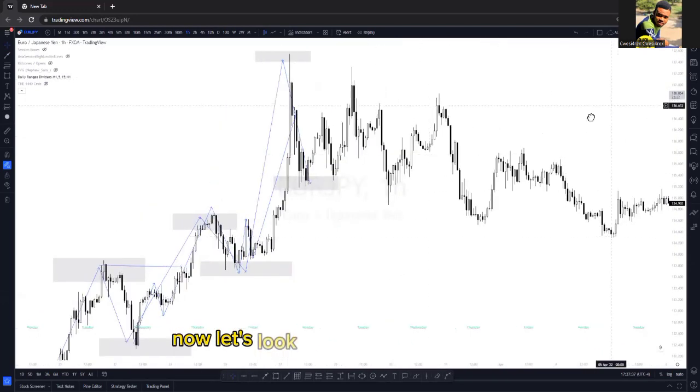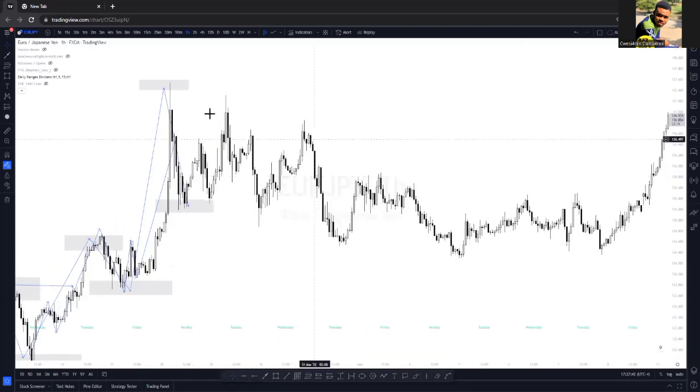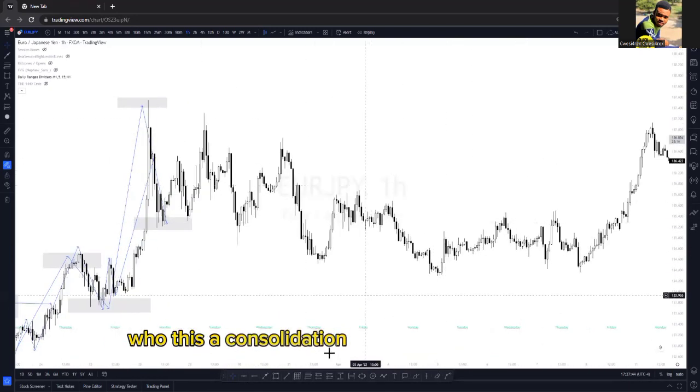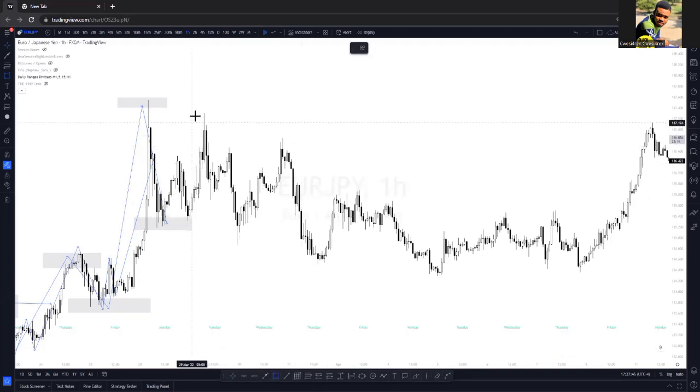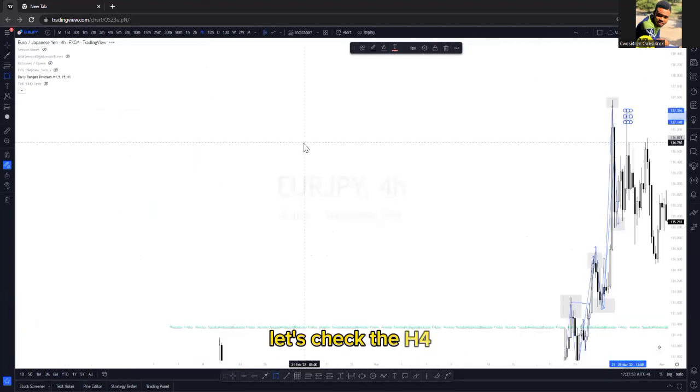Now let's look at the selling market also. So there's a consolidation, but we can still have some lower highs and lower lows inside, right? So let's check the H4.